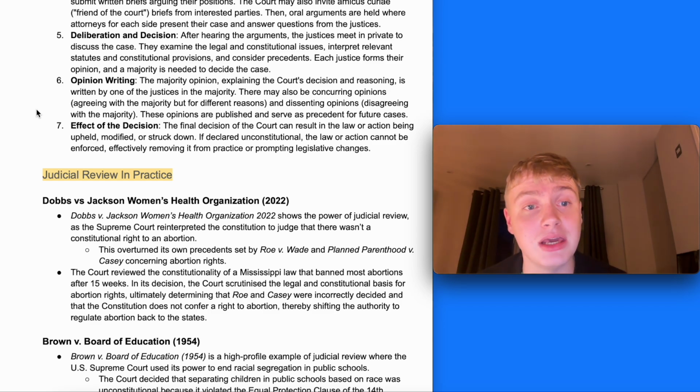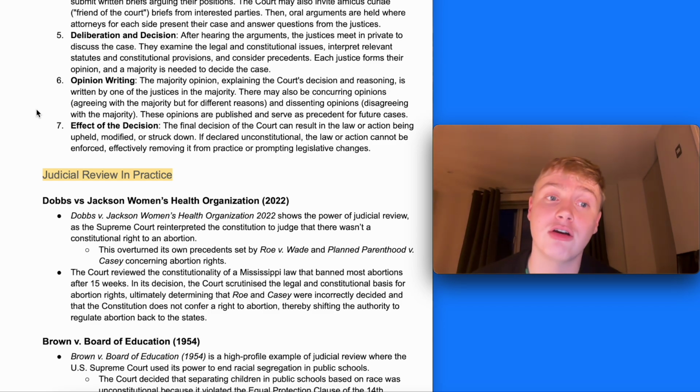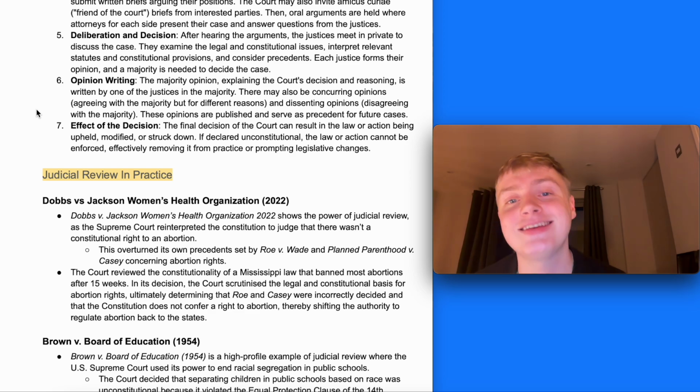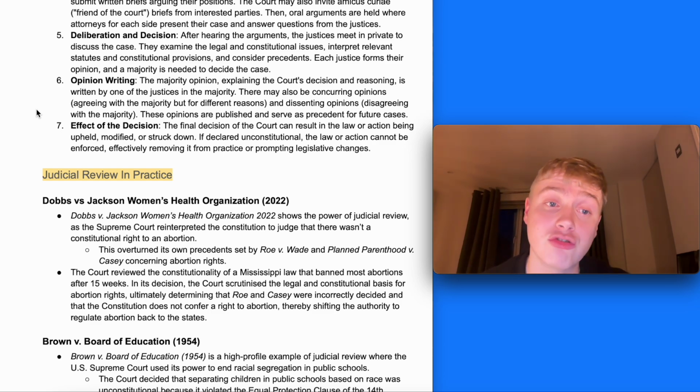And there may also be concurring opinions, which agree with the majority but for different reasons, and dissenting opinions, when disagreeing with the majority. And these opinions are published and serve as precedent for future cases. So they have to really justify their rulings in terms of the Constitution and the law. The final decision of the court can result in the law or action being upheld, modified, or struck down.